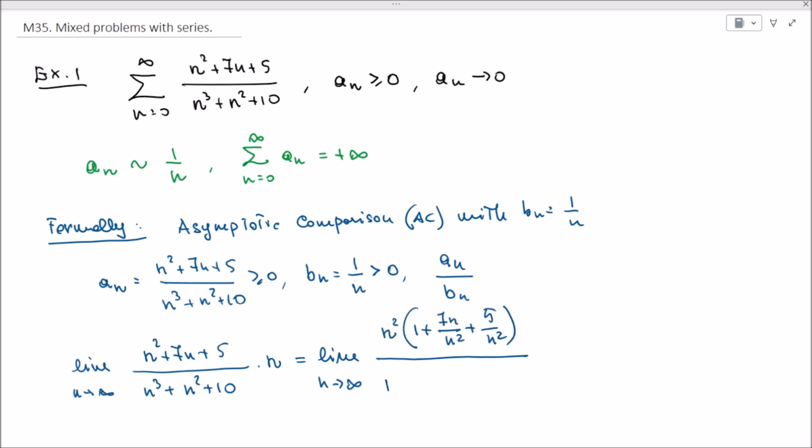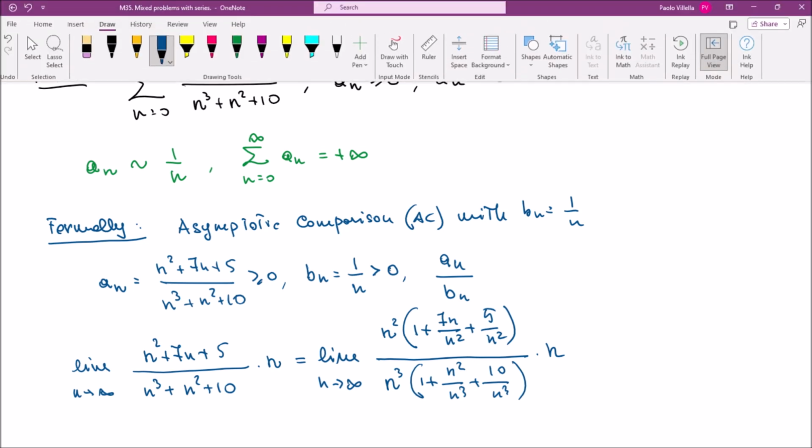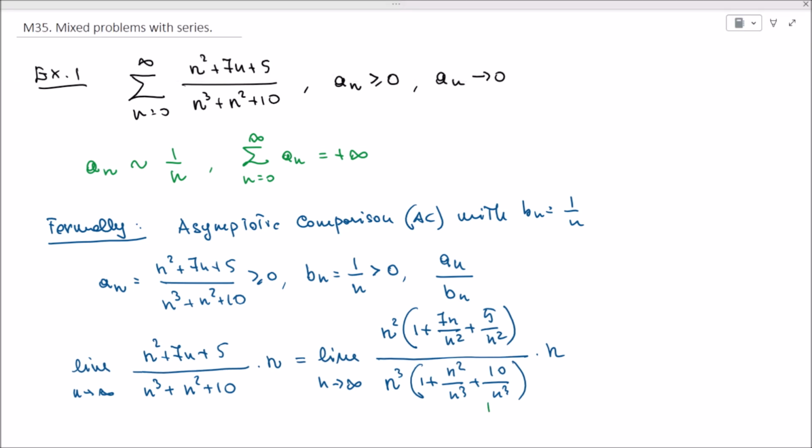Then we have n cubed, 1 plus n squared divided by n cubed plus 10 divided by n cubed at the denominator, all multiplied by n. As n goes to infinity, each of these terms goes to 0.